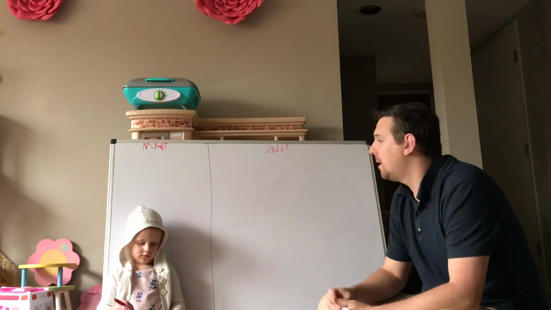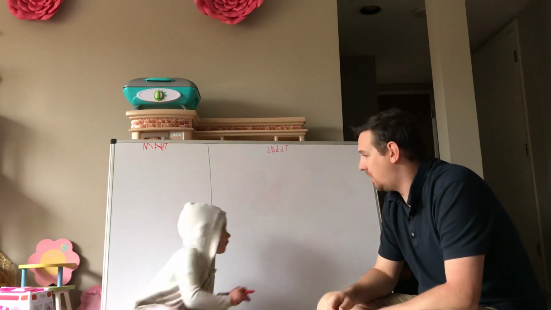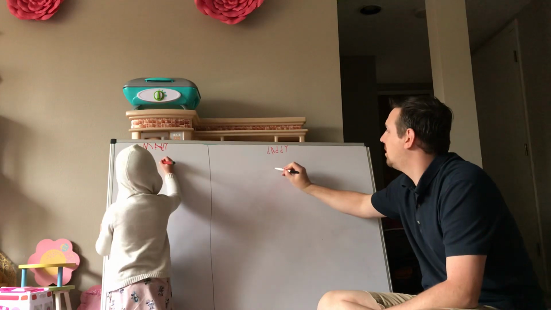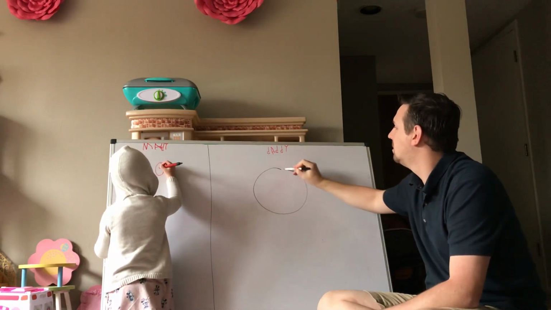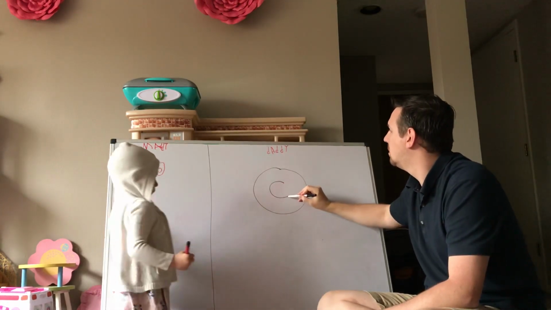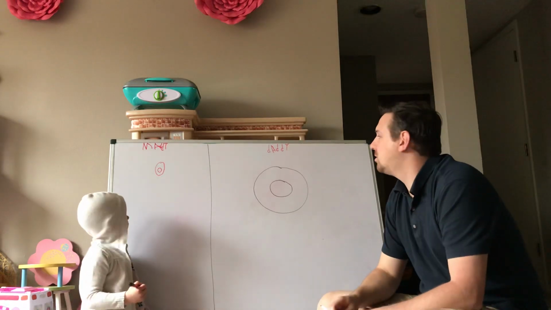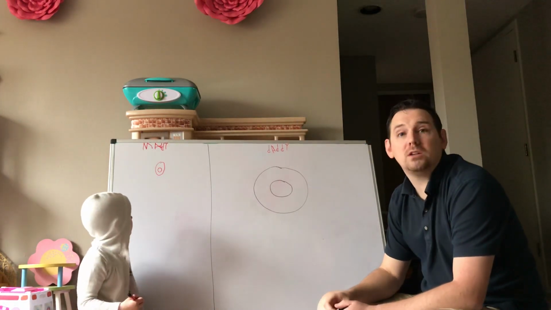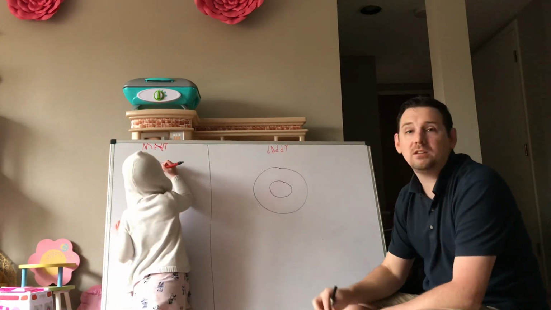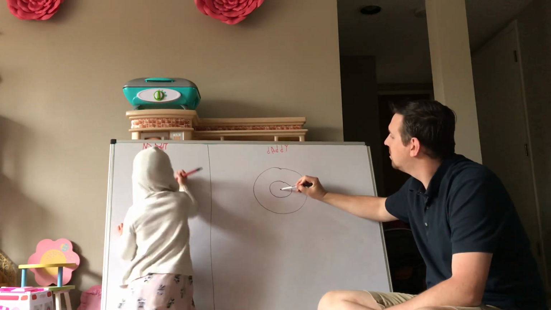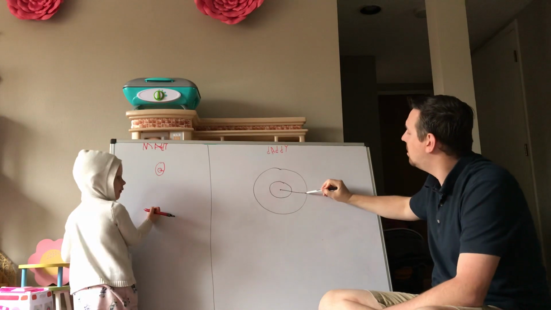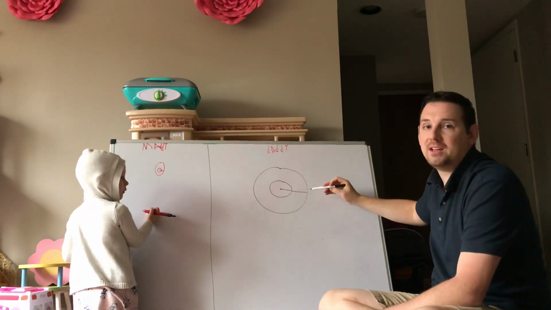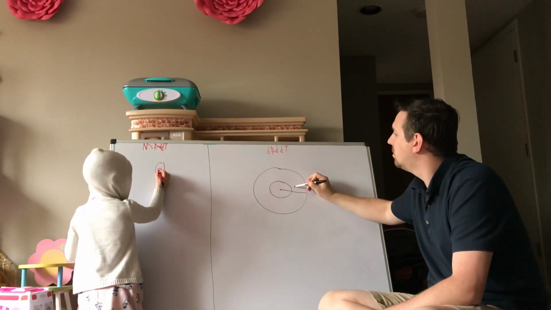Let's get into it. Maddie, can you draw me a donut on your side? I'm going to draw a donut on my side. Good. I want you to draw a radius from the center to the outside of the circle. We're going to label that radius 12.